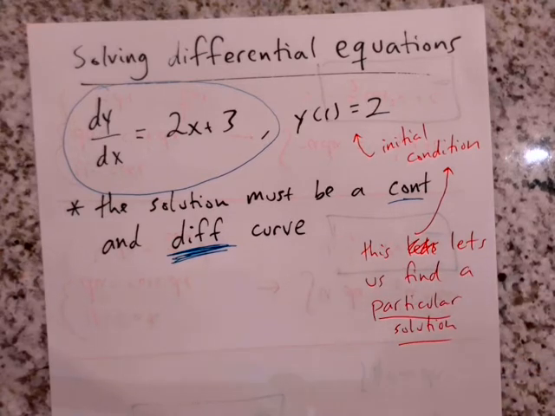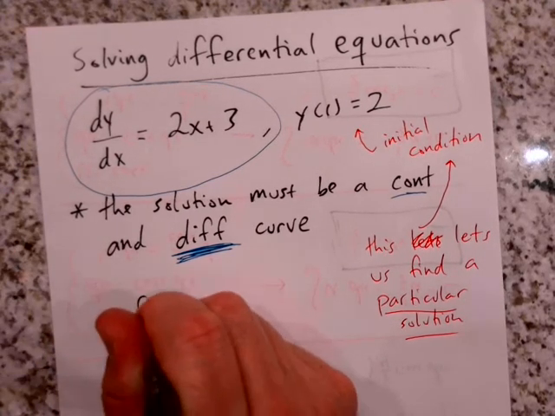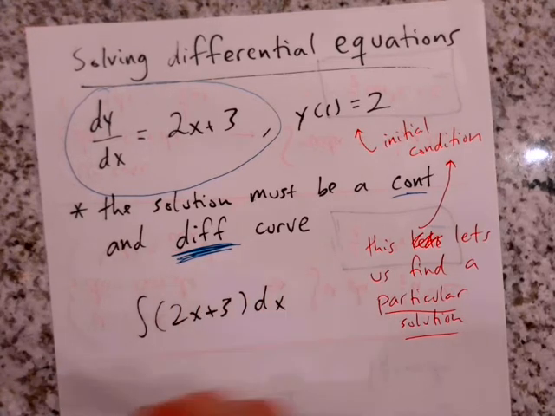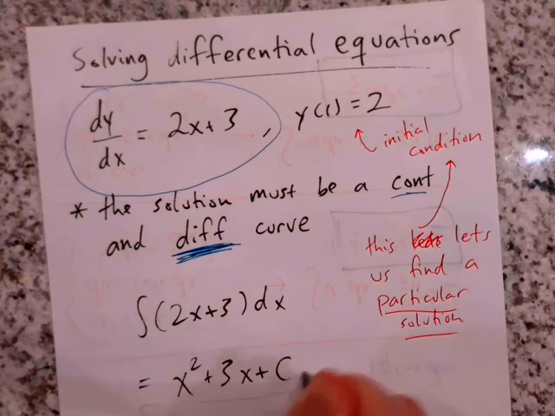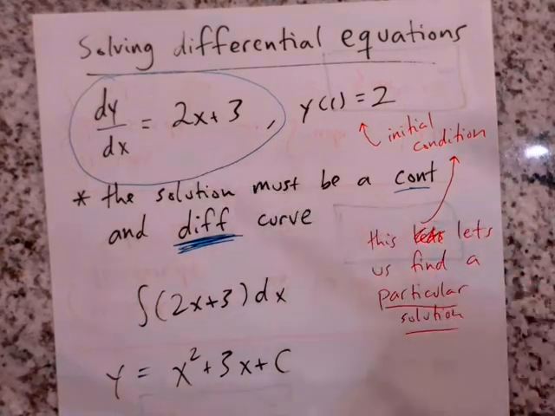So pretty much, here's the process. We start with the derivative. We integrate that because the integral of dy/dx is y. This gives us our general solution. This is the family of curves that has the given derivative.